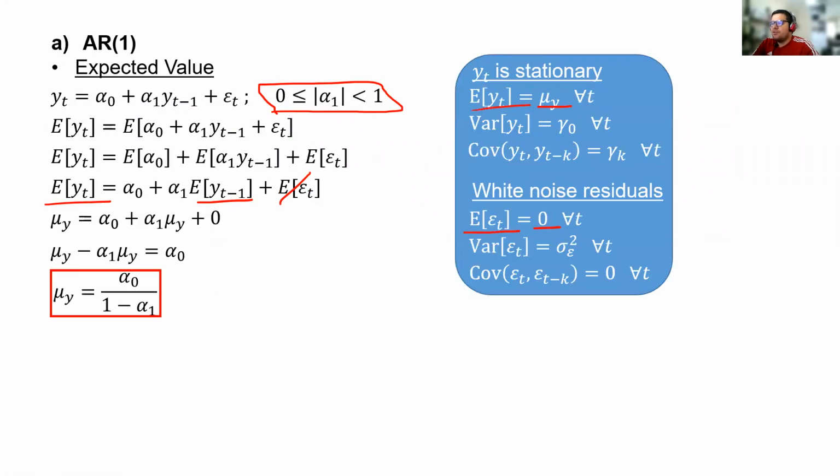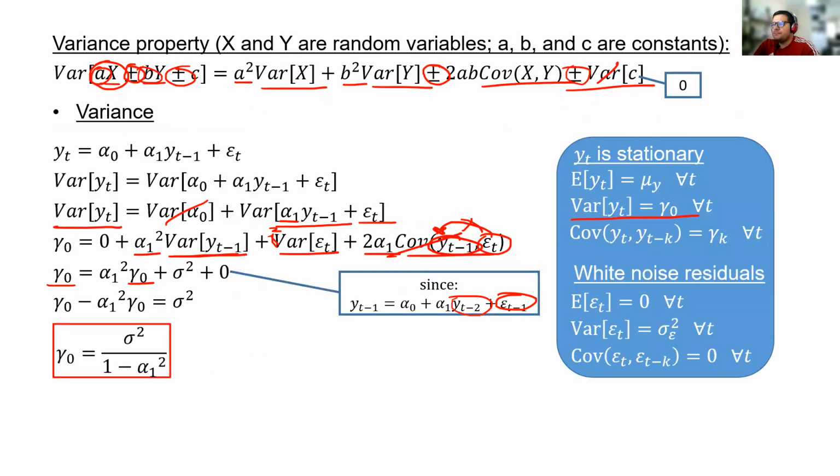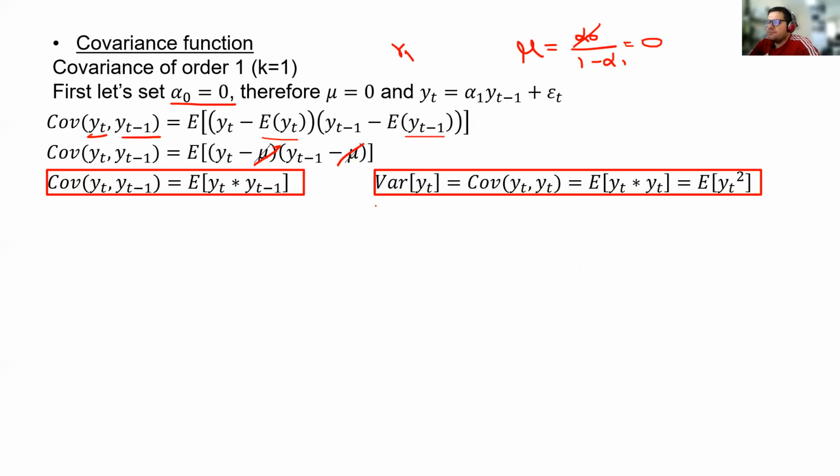Let me go back to the slide that I was working on. We're going to notice that setting alpha 0 to be equal to 0, therefore we can cancel this mu. It's going to make our lives way easier because we will reach this equivalency.